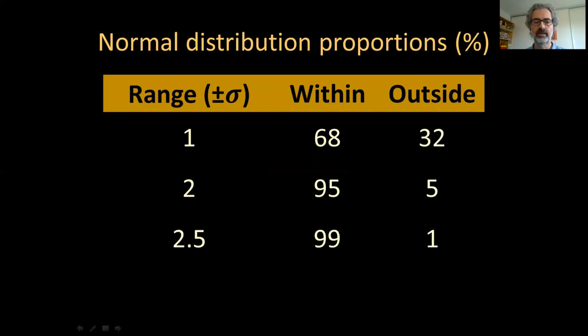In fact, we can come up with any numbers we want and look up the corresponding values for the normal distribution. And these are the fixed values, the rough values we have to remember because they're very useful for quick judgments. For example, we know that a range of plus or minus 2 standard errors is associated with 95% of values within that range and 5% of values outside that range.